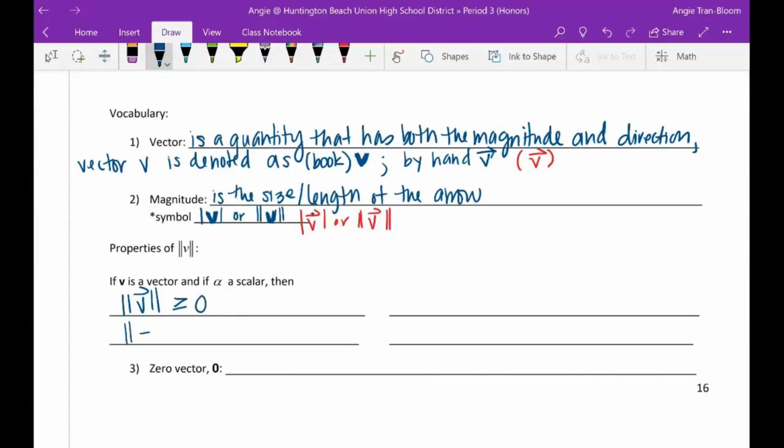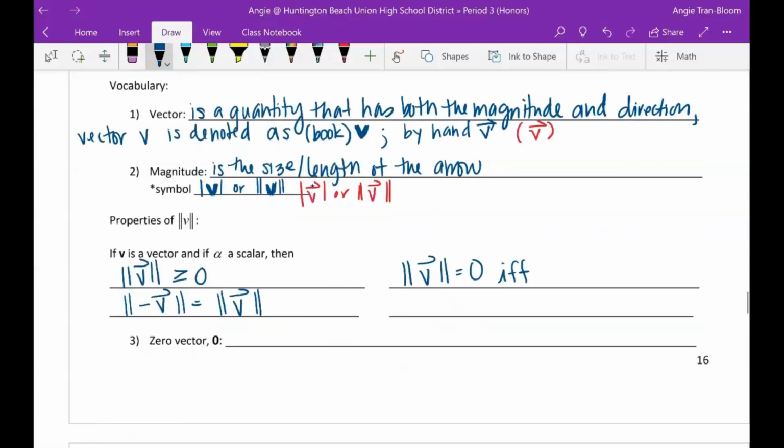The magnitude of a negative vector V is exactly the same as the magnitude of a positive vector V. Magnitude of vector V is equal to 0 if and only if, IFF meaning if and only if, vector V itself is 0.